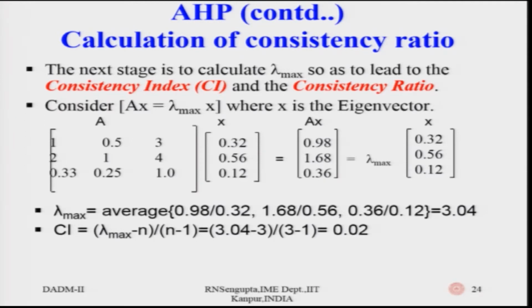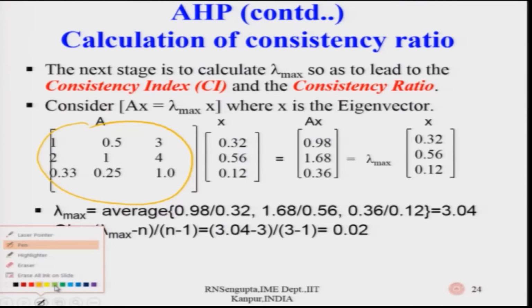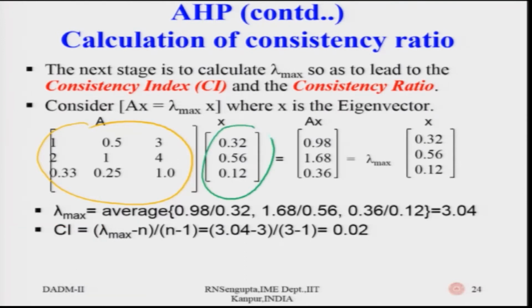Consider we already have that A is the priority, lambda is the eigenvalue, and x is the eigenvector. So Ax equals lambda max x, where x is the eigenvector. The priority values of x you have already found out, so multiplying them would lead to the value of lambda max. Lambda max you want to find; let me change the color, it will be better.